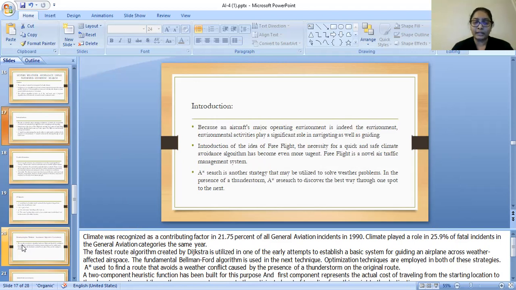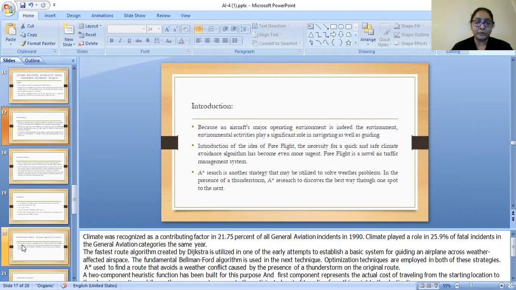The microburst related accident at Dallas Fort Worth Airport in 1985 promoted the development of guidance strategies in the event of a microburst encounter. The fastest route algorithm created by Dijkstra is utilized in one of the early attempts to establish a basic system for guiding an airplane across weather affected airspaces.